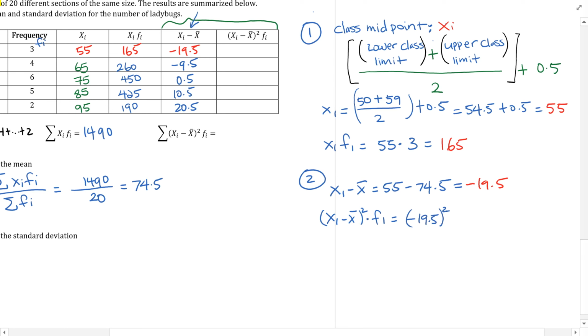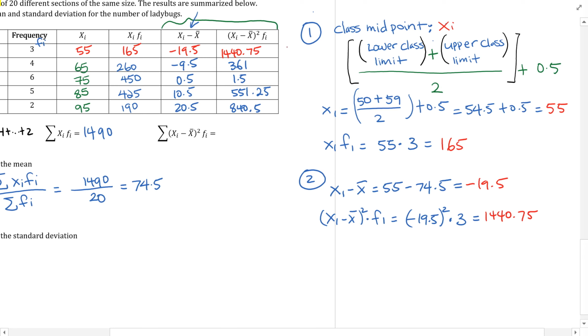I square that and multiply it by my f1. My f1 is the frequency for the first class, which is 3. And then I multiply that. 440.75. This number I put over here. That's how I got the xi minus x bar squared times fi. And then I'm going to do the same thing for the rest of them to fill out the table.